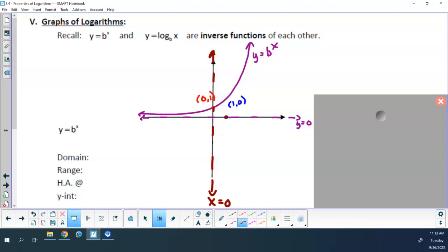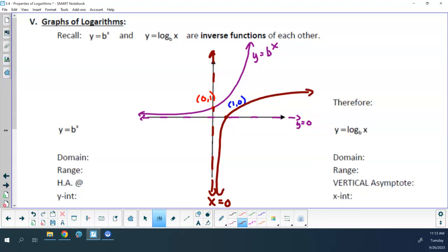So if we think about it, we had negative x and a small positive y. So that means I'm going to have a small positive x and a negative y. It's going to come through and look like that. So the domain of my first one was all real numbers.